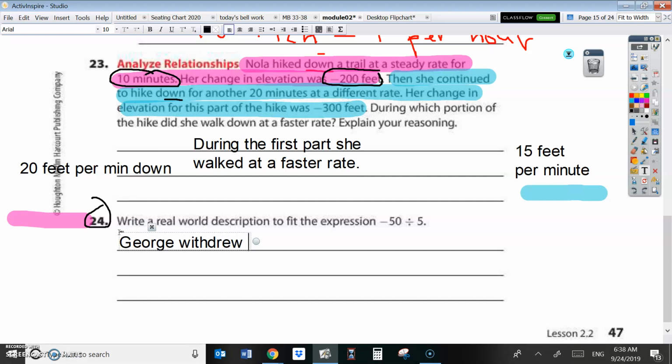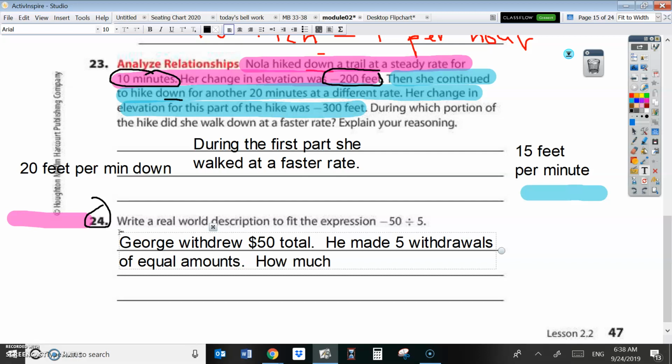George withdrew $50 total, made 5 withdrawals of equal amounts. How much did he withdraw each time?